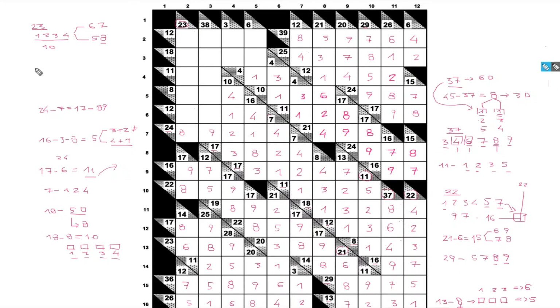Here is a number 12, and 12 minus 1 minus 4 is 12 minus 5, and there is a number 7 here. Number 7 can be made with a couple of combinations. First combination would be 1 plus 6, second combination would be 2 plus 5, and third combination will be 3 plus 4.